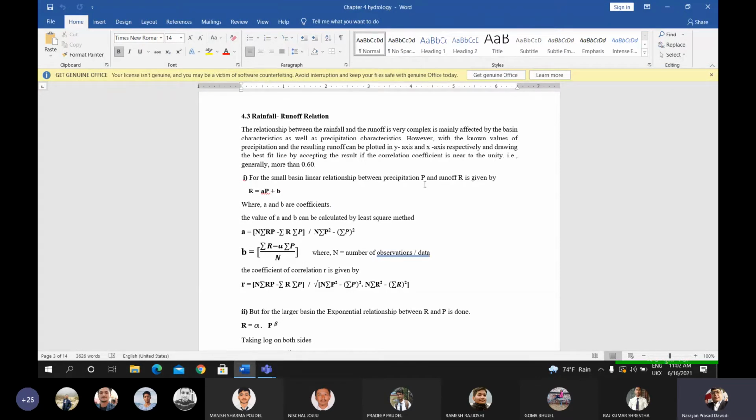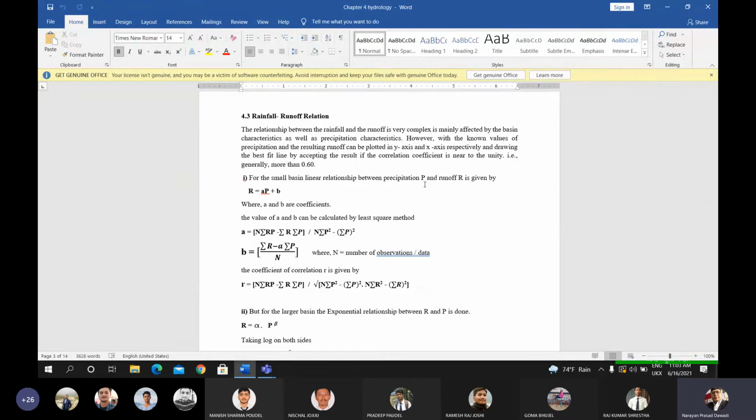However, with known values of the precipitation and the resulting runoff, they can be plotted on the x-axis and y-axis respectively, and the best fit line drawn. If the correlation coefficient is nearly unity, generally more than 0.60, it is accepted as a good correlation between the rainfall and the runoff.